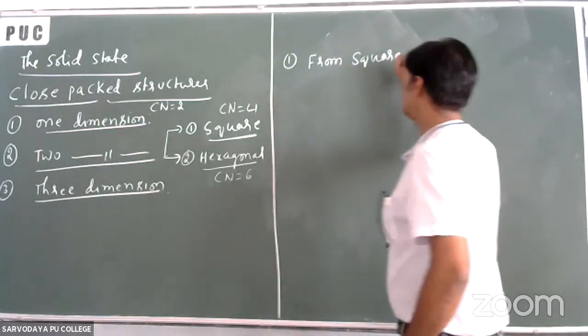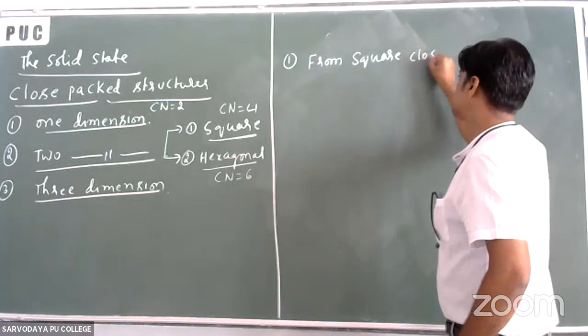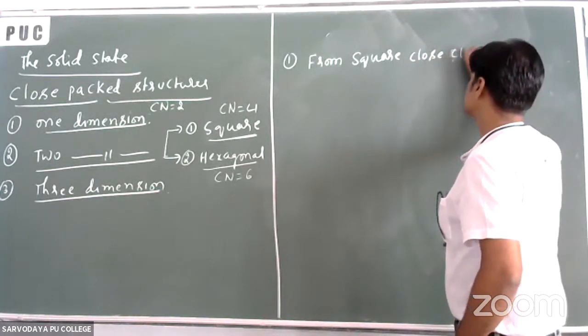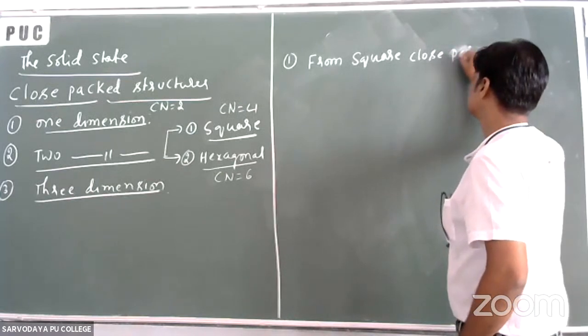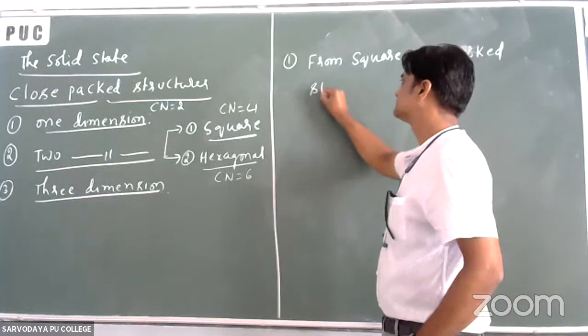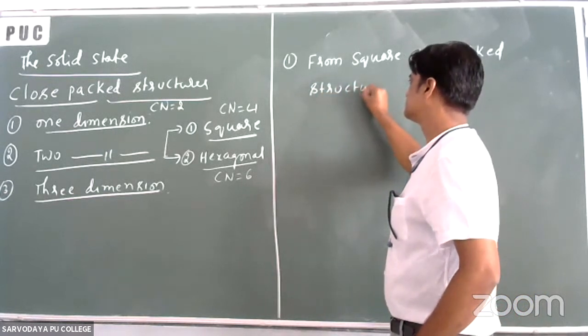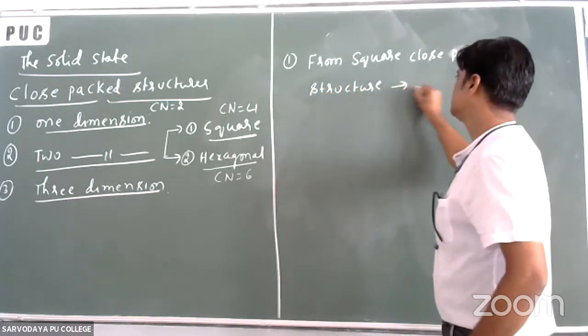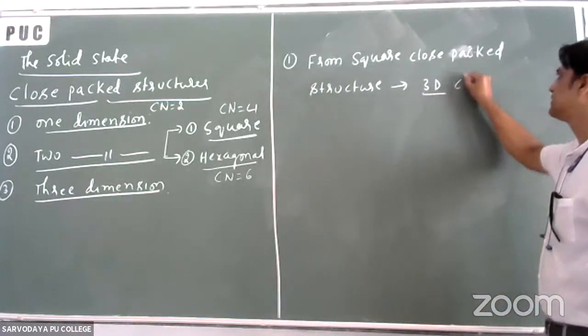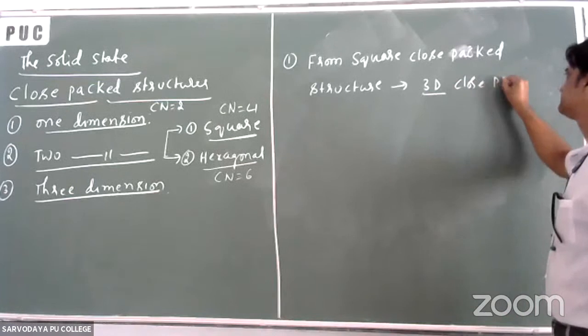So from square close packed structure, we can get three-dimensional close packed structure.